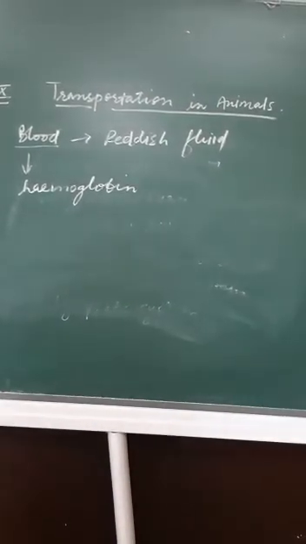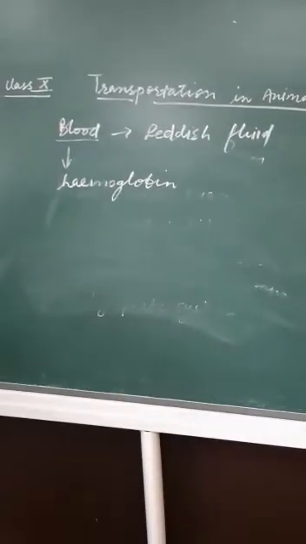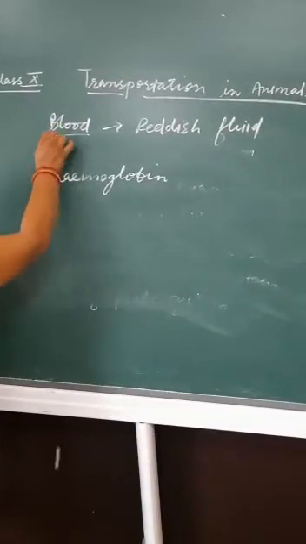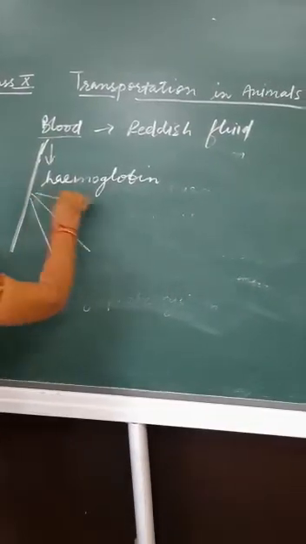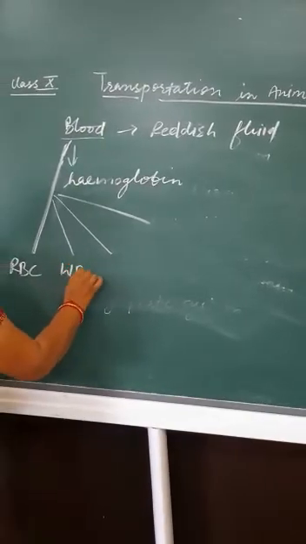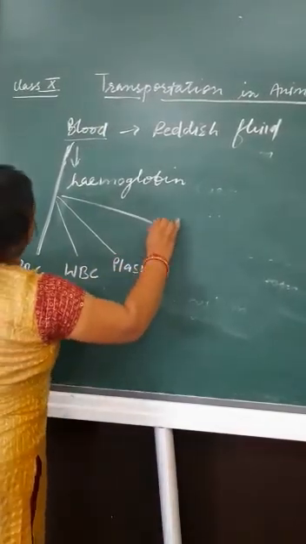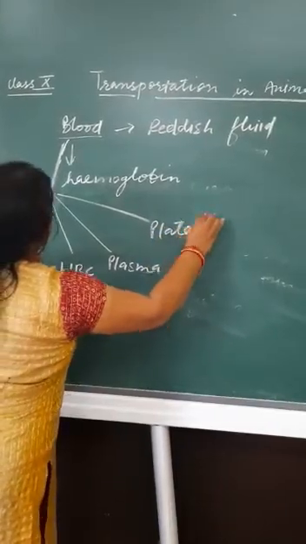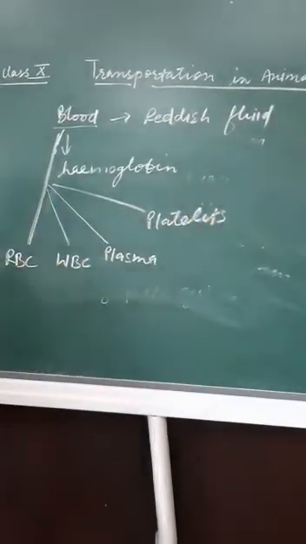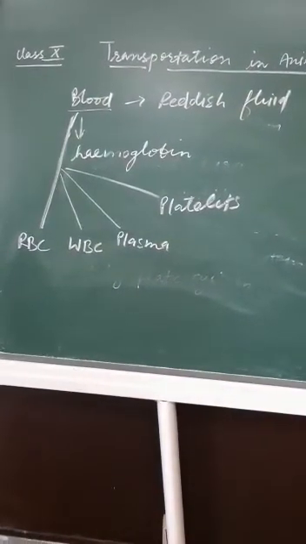So now, how many components are in the blood? There are four components: RBC, WBC, plasma, platelets. So these are the four components of the blood. RBC firstly, what is RBC?